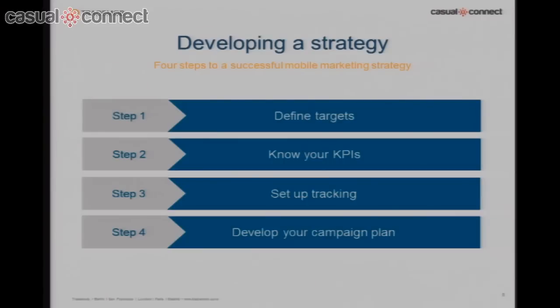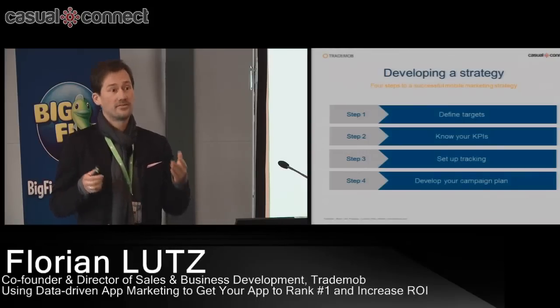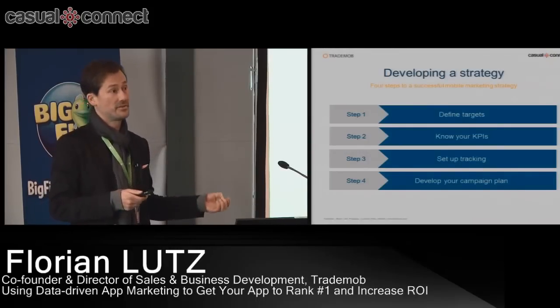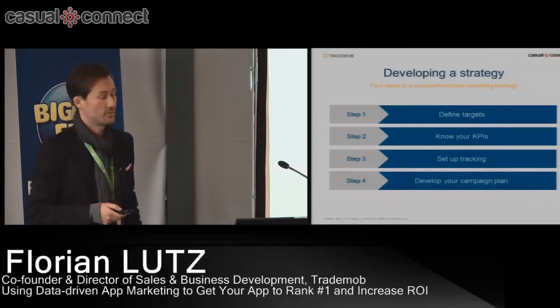So what we're doing when we say define a strategy is, first of all, obviously, you need to be sure about the targets that you actually want to have, right? Your targets are not investing $20,000 or generating 100,000 downloads. Your target should be more like generating 100,000 downloads in the US who are effectively driving a certain amount of revenue. And that's really the stuff that we want to talk about.